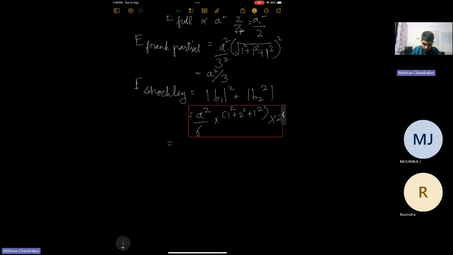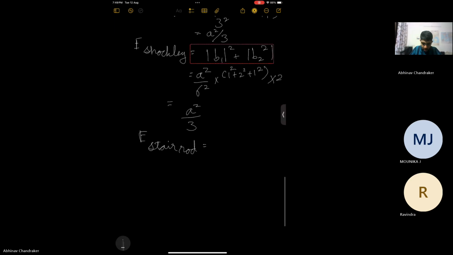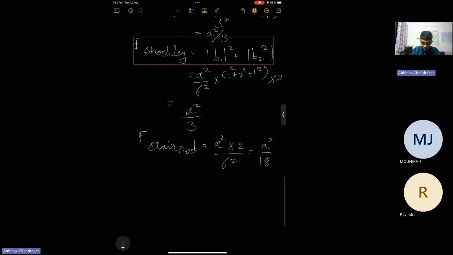B1 and B2 have it same, equal to a square by 6 square, by 3. E stair rod, this is also a special kind of dislocation, I guess, equal to a square into 2 by 6 square equal to a square by 18.